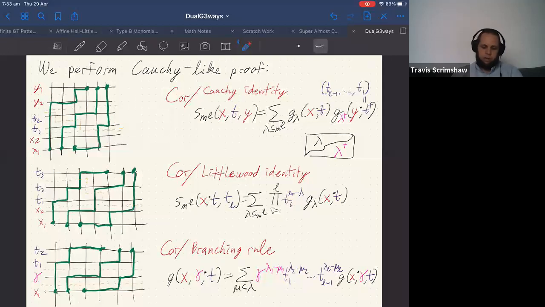So for the solvable lattice models proof of the Cauchy identity, you stack the Schur with Schur, and you allow your lambda to go over all partitions inside of an m by L rectangle.